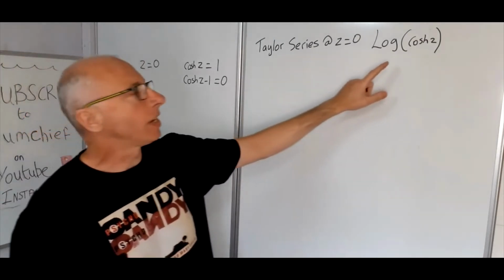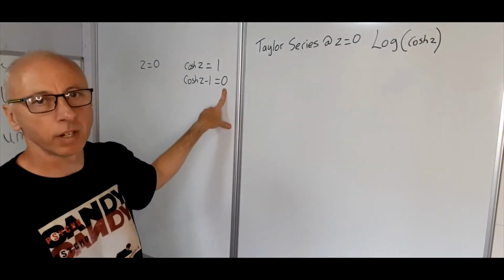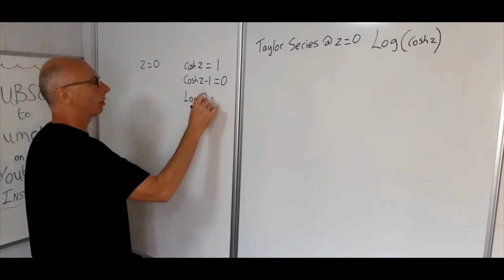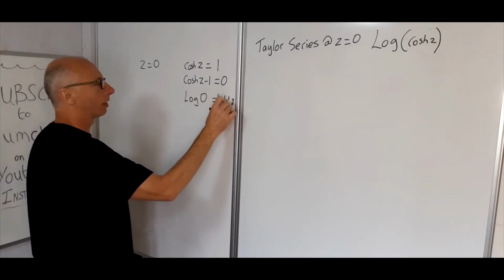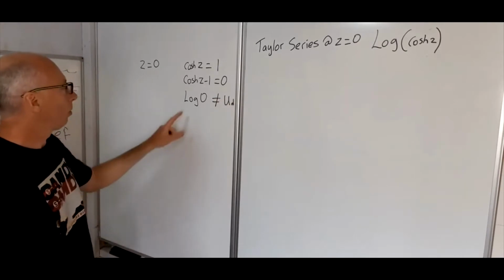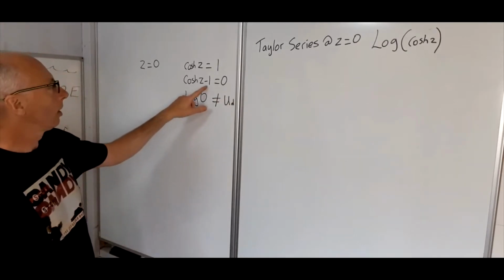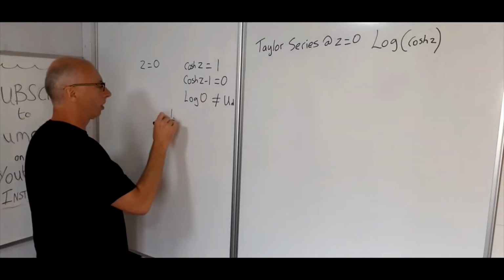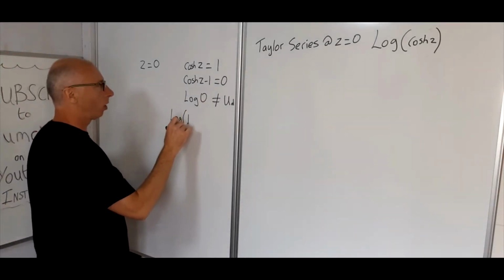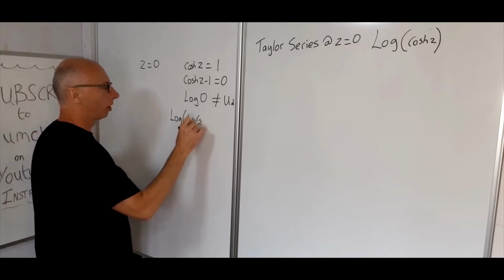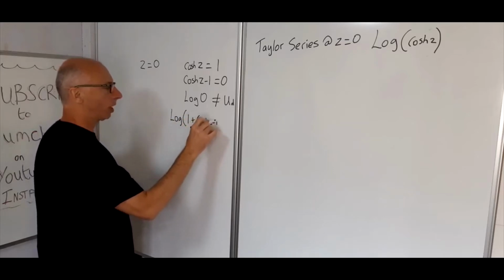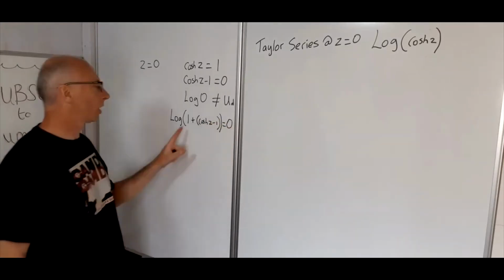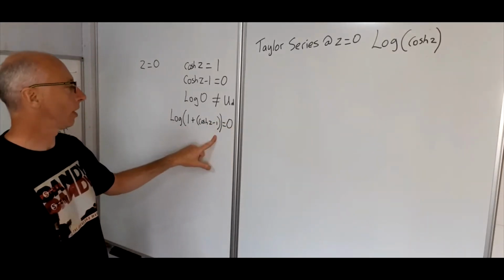And then that gives us our next problem, which is log of 0 is no good. So log 0, that's undefined. So what we can do is, to use this minus 1 here, we can go log of 1 plus cosh of z minus 1, then that will equal 0, because the log of 1 will give us 0.